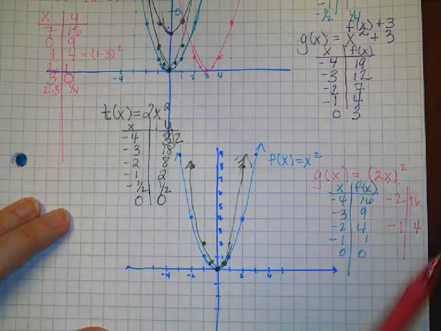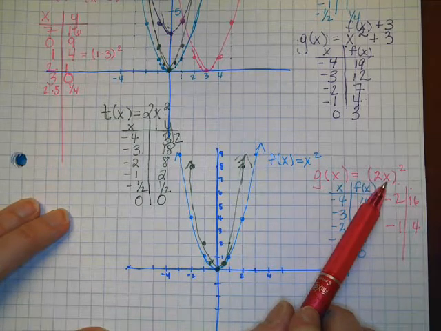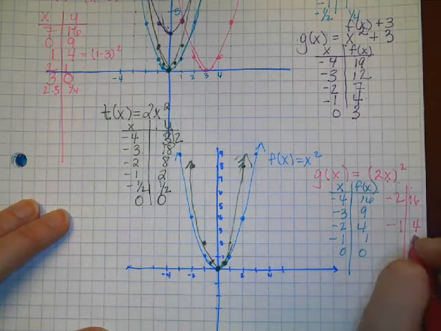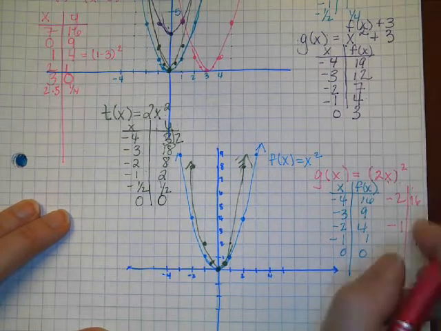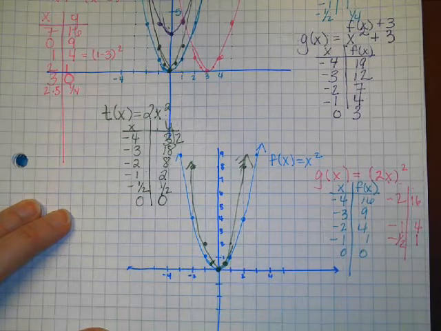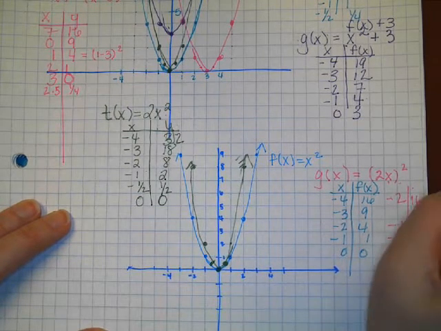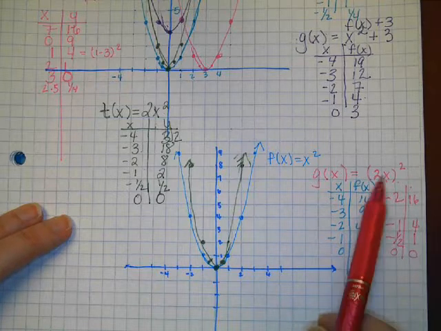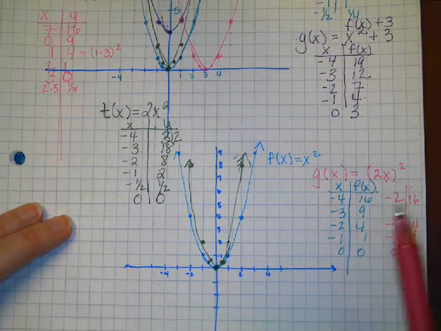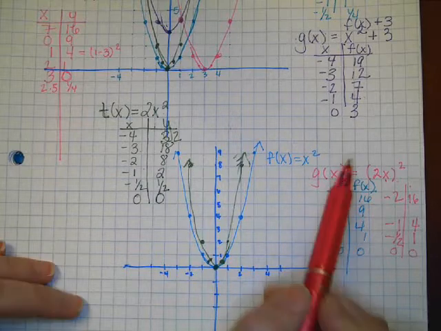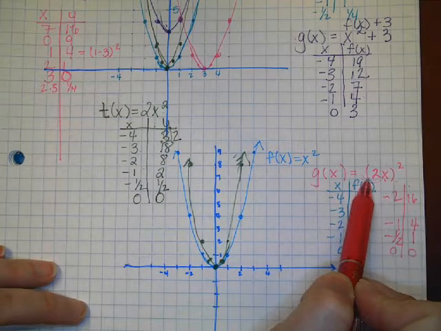So for the 4, it's negative 1, 4. Plug negative 1 in here. I have negative 2 squared, which becomes 4. For 1, I would need 1/2, positive or negative, it doesn't matter. And what you'll notice is 0 stays 0.